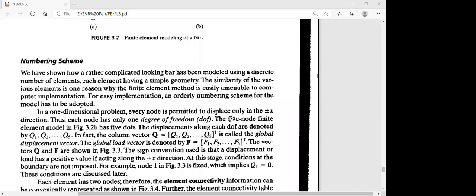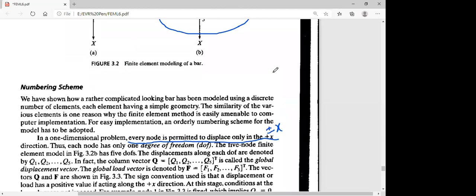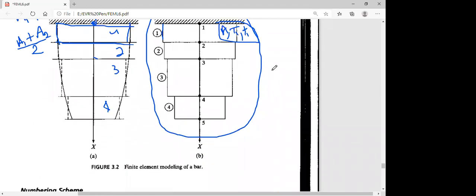In this one-dimensional problem, every node can be permitted to displace only in the plus or minus x direction. If this stepped bar is subjected to a uniform tensile load at the end, each node on this finite element model deforms in the positive x direction.